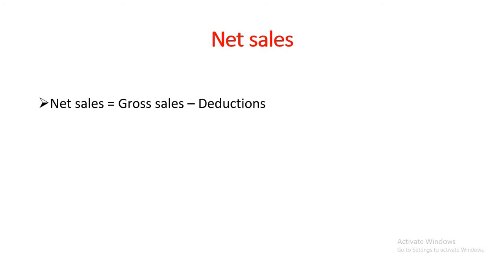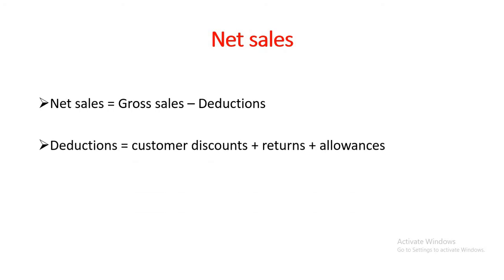So what are the deductions? These deductions include customer discounts. Bata might give some coupons to their customers and customers will get a discount against their coupon. So customer discounts need to be deducted from gross sales. Then returns. Products which are sold to the customer by Bata might be returned because some of the products might be faulty and the customer will return the faulty product.